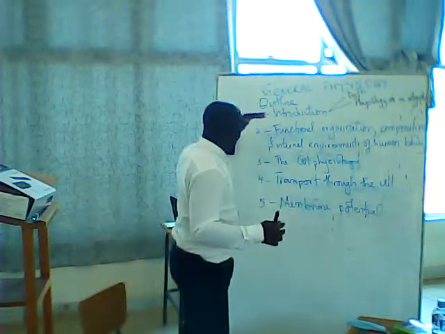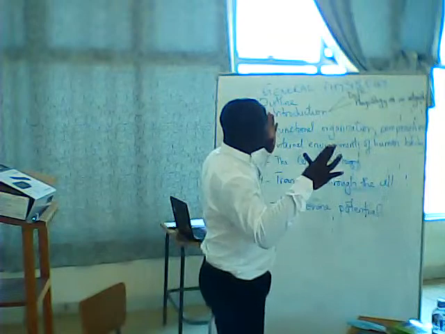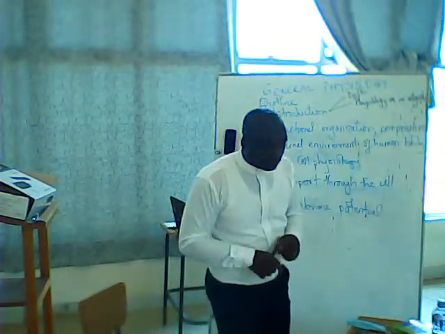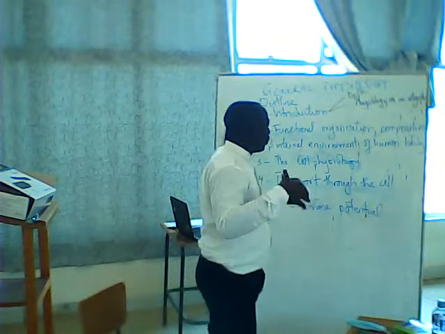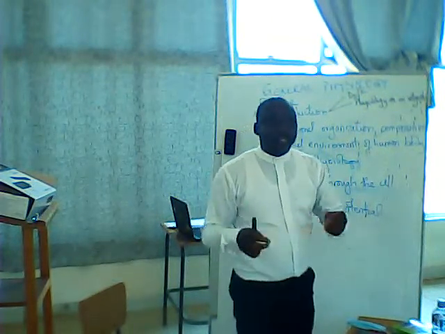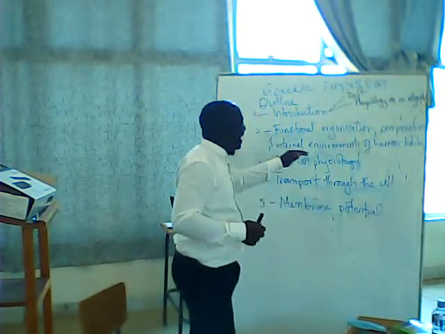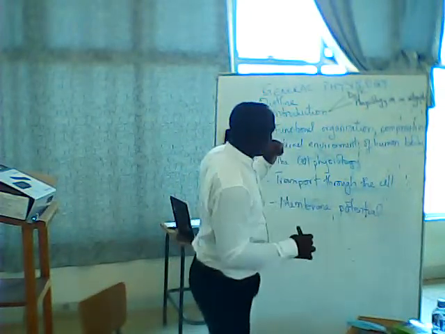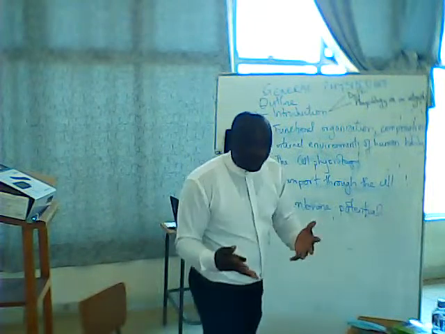So we have 5 components we'll look at in general physiology. First is the introduction. Second, functional organization, composition, and internal environment of the human body. Third, cell physiology.